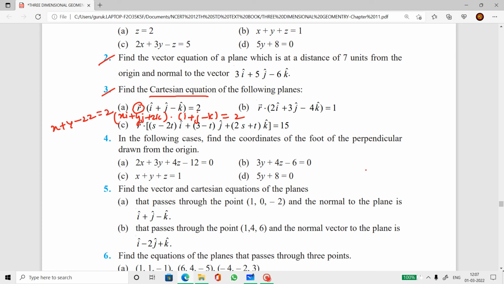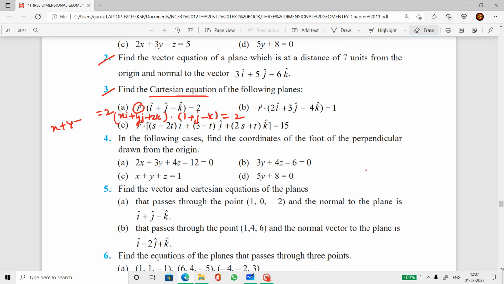It is just z, because it is zk. Likewise for the second one, xi into 2i is 2x, yj into 3j is 3y, and zk into minus 4k is minus 4z equal to 1. So that is the Cartesian equation.